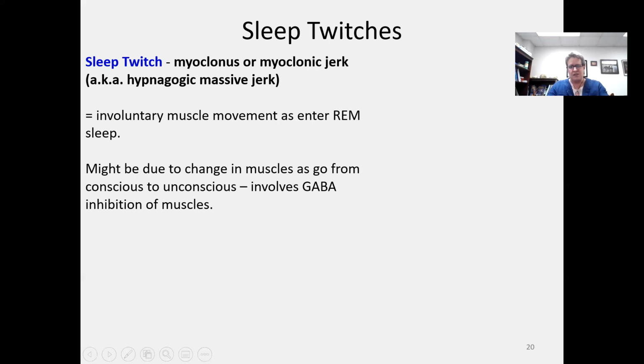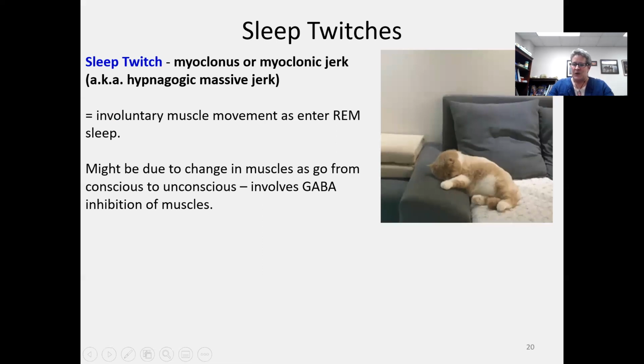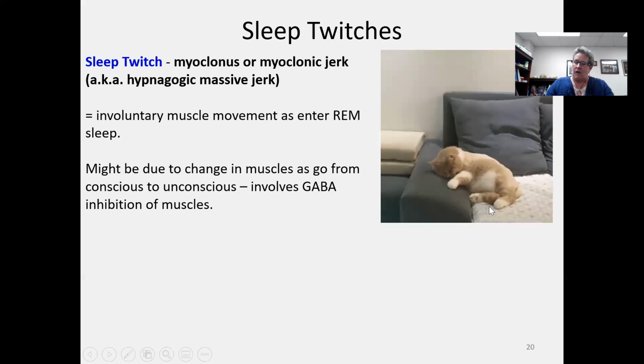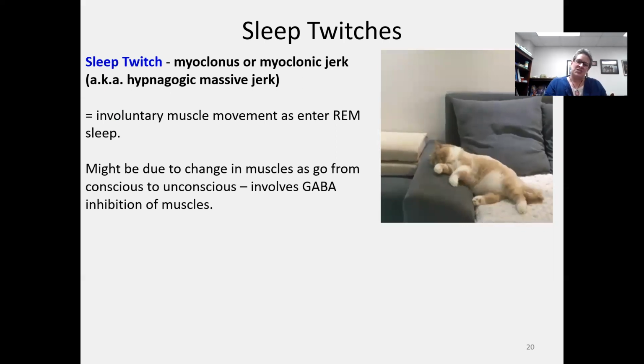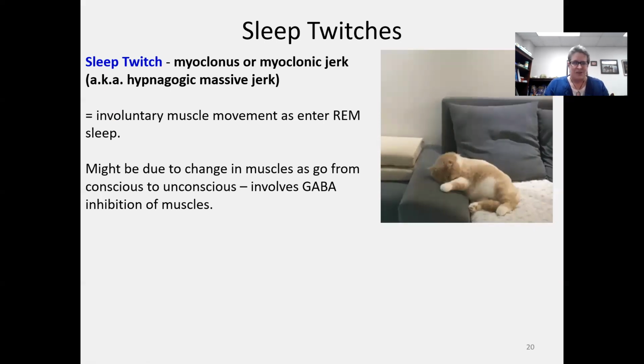Basically, as your muscles are being inhibited in your brain by GABA, there's a shift from you having voluntary control of your muscles to GABA basically incapacitating your skeletal muscles. And sometimes when you're just at that threshold between non-REM and REM sleep, you'd be like this cat who is twitching in their dream. Okay, that's called a myoclonus. All that activity is the cat asleep, but the GABA has not had a chance to fully paralyze those skeletal muscles yet. Okay, so I'm sure we've all experienced that.